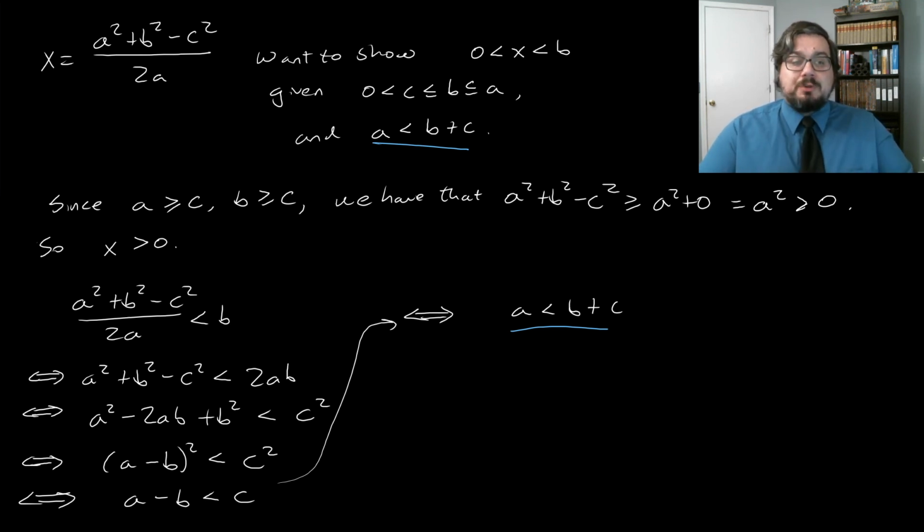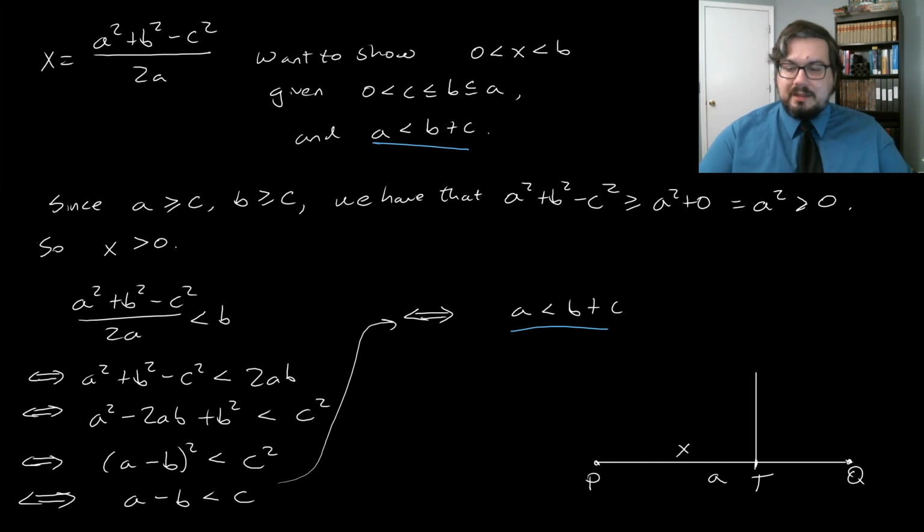So what this shows is that if we define x this way, if we start with a segment of length a, and then we choose a point t on here where the distance from p to t is this value of x, which we defined above, then x is less than b, which means that we can set t to be d, which is the square root of b squared minus x squared, which is defined because x is less than b.